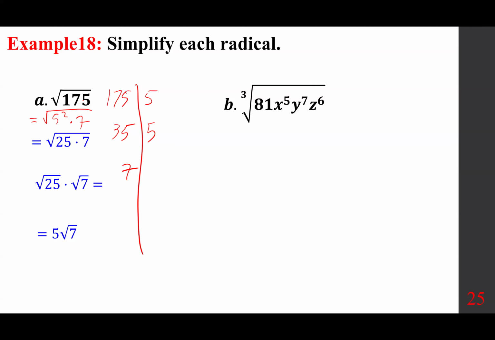Because this is a cube root, you find the biggest number you can come up with which has the exponent 3. In other words, the cube root can come out. 81 is the product of 27 and 3. So this one is 27 and 3. This one is x cubed times x squared. This is y to the power of 6 times y, and this is simply itself because 6 is divisible by 3.